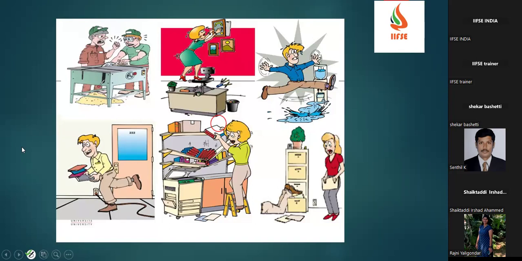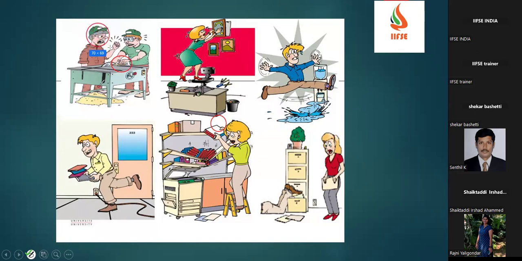First picture, sir, without hand gloves. The cutting wheel is rotating and they are operating without gloves. But the face shield also is not there. Another person, face shield, goggles are not there.